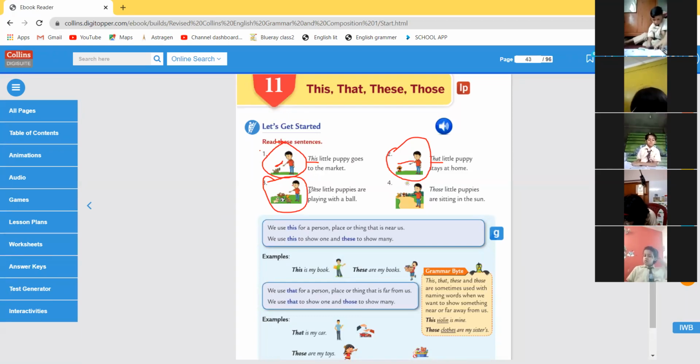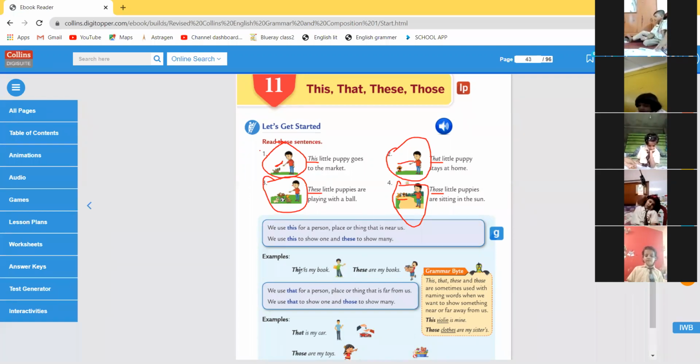So if more than one thing, more than one object, or more than one person is near to you, in this case you can use THESE, these. But if more than one thing or person or object is far from you, you have to use THOSE, those.